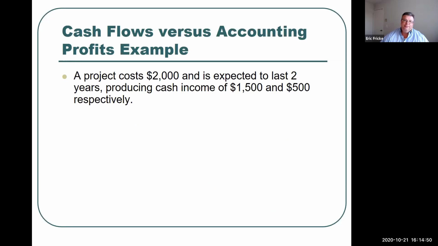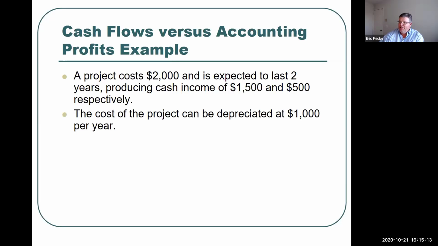So let's first off look at an example of why we use cash flows and not accounting profits. So here's an example of a project that costs $2,000 and is expected to last 2 years, producing cash income of $1,500 and $500 respectively, okay?